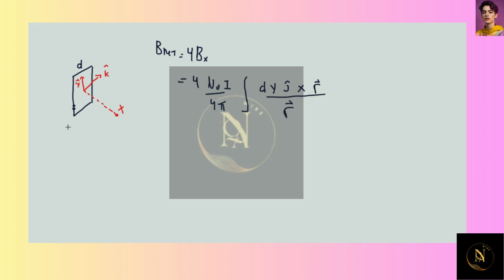So what's our r vector going to be here? A little hard to draw, but in 3 dimensions, we're going over to this point x. We can see that in the k direction, we're always going to be right at the middle of this. This x line is going right through the center of the square.